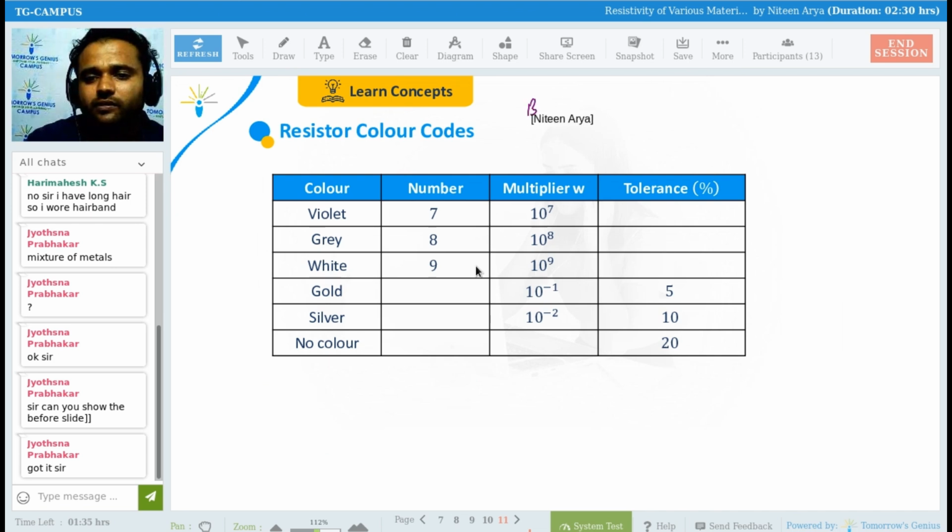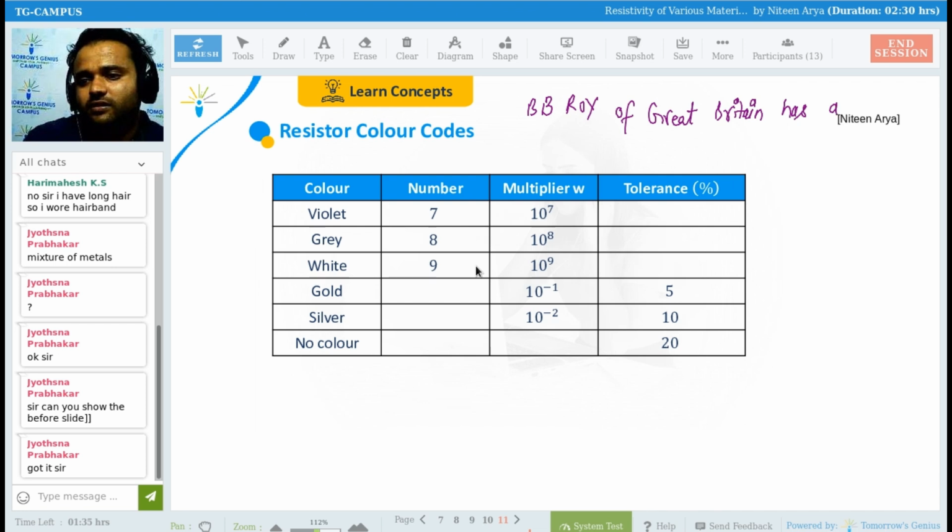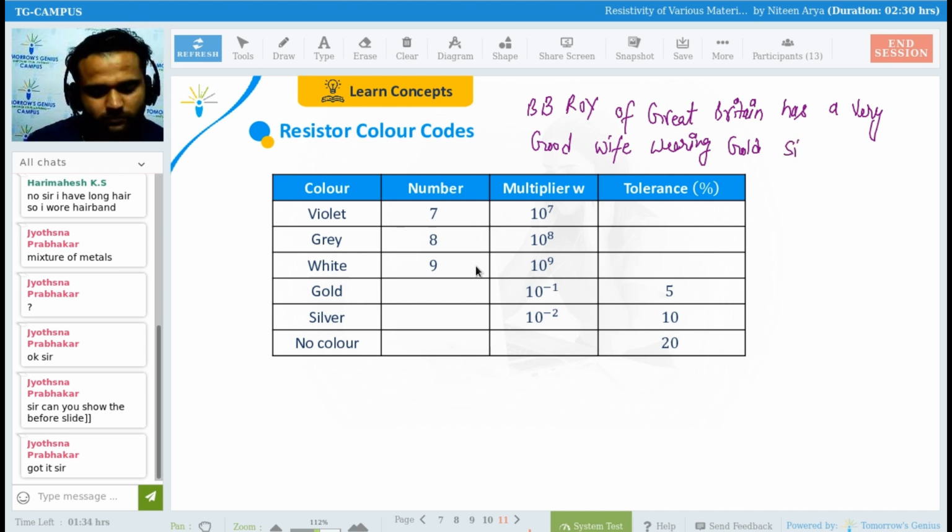Let me write it down. B.B. Roy of Great Britain has a very good wife wearing gold, silver necklace.